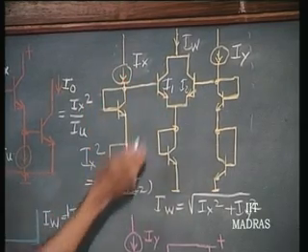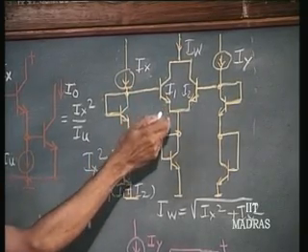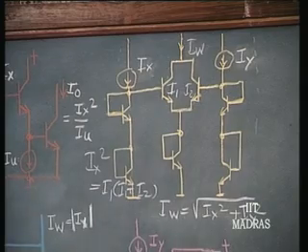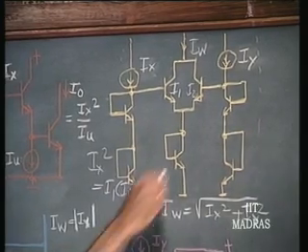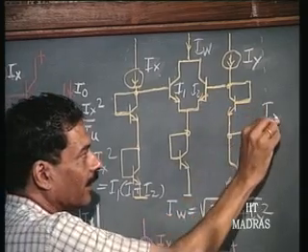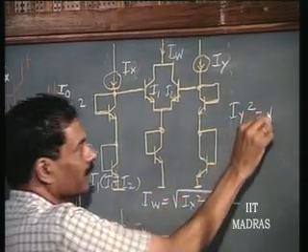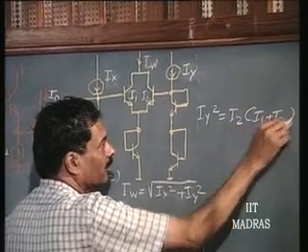Ix squared is nothing but I1, the current flowing in this transistor, into the current flowing in this transistor, which is I1 plus I2. Is it clear? Next, Iy squared similarly is nothing but I2 into I1 plus I2.